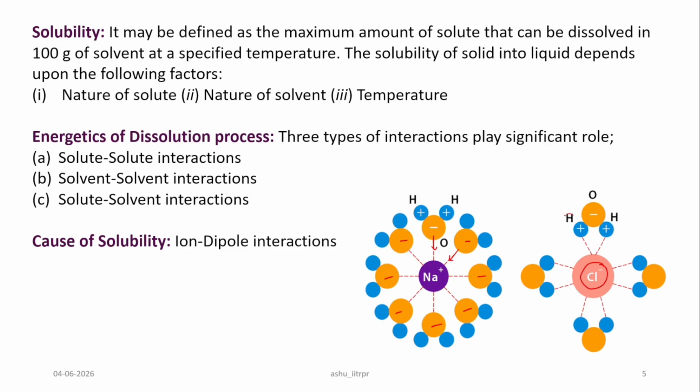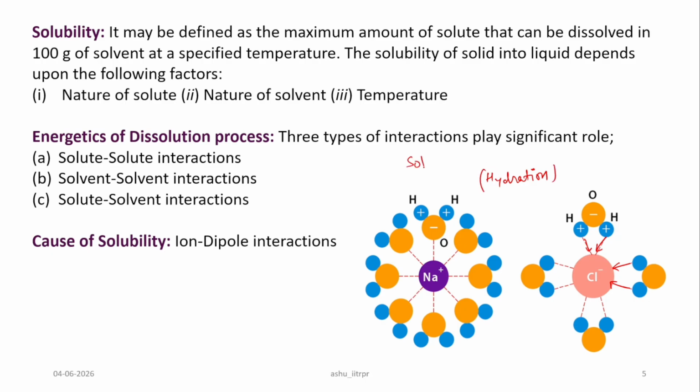So now you can say these two hydrogens are pointed towards it. Oxygen is moving away because like charges repel. These positively charged hydrogens point towards the negatively charged chlorine. This type of process is called hydration.